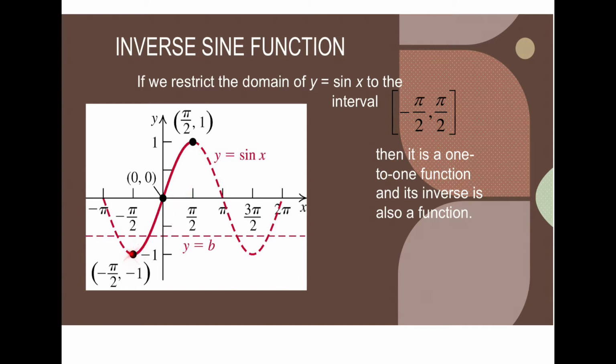So let's limit sine to going from negative pi over 2 to positive pi over 2. With that restriction, this becomes a one-to-one function, and hence its inverse would also be a function. Every x would also have one y for the inverse.